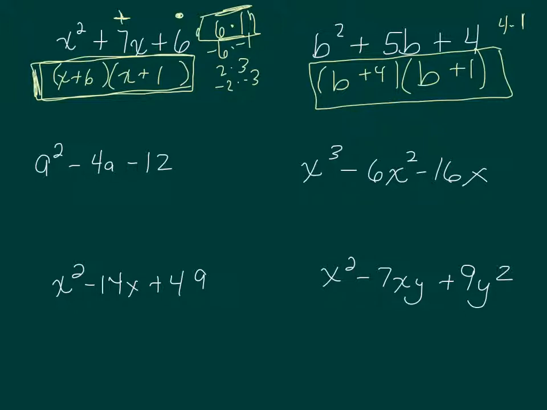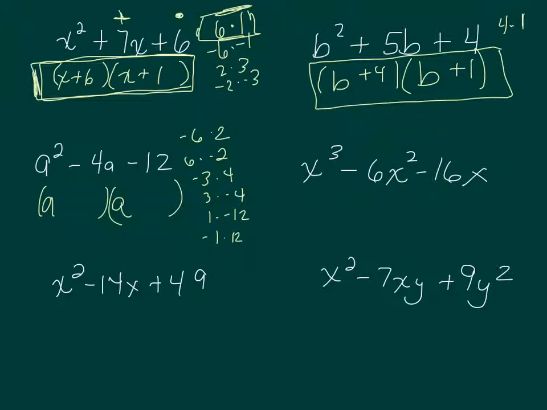Alright, let's look at this one. A squared minus 4a minus 12. A and a in parentheses, because I don't have anything in common. I don't have 4 terms. So let's see, 12. How can I get a negative 12 this time? So a negative 12 is negative 6 times 2, or 6 times negative 2, negative 3 times 4, or 3 times negative 4, 1 times negative 12, or negative 1 times 12.